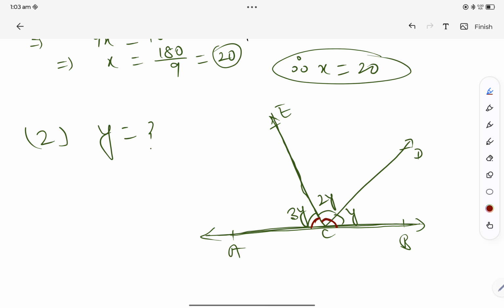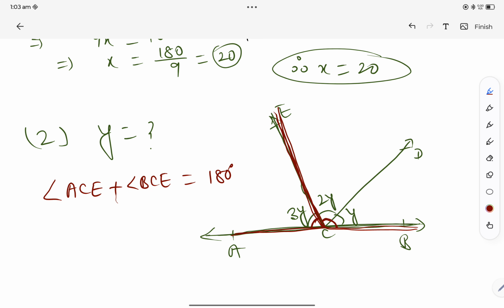And you know that a linear pair of angles is supplementary. So we can say that ACE plus BCE is what? 180 degrees, because ACE and BCE form a linear pair of angles.